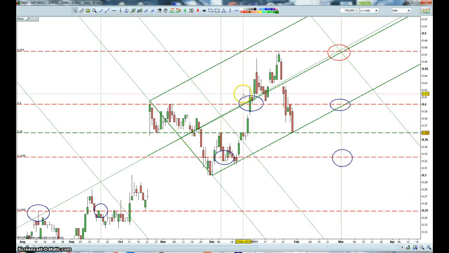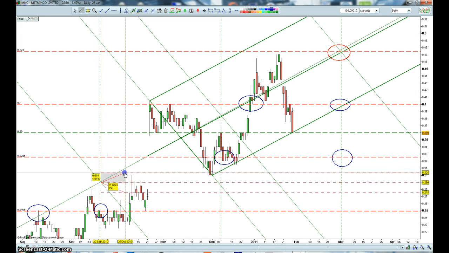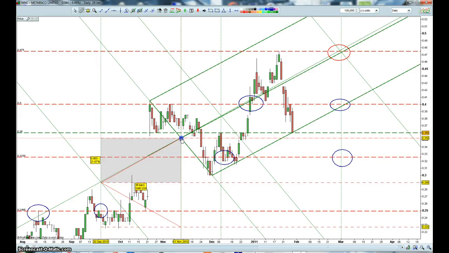Okay, so the problem now is I've got these two here at different distances apart, and I want to even them up and just see what happens. I'm just wondering if this distance here fits into what I've already got there. So I'm going to take my ruler tool and measure from here to here.